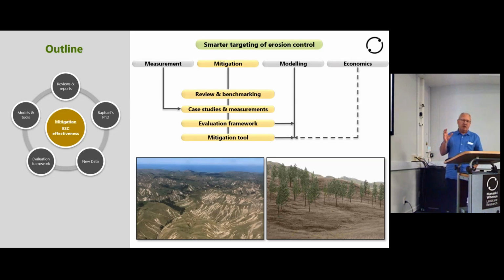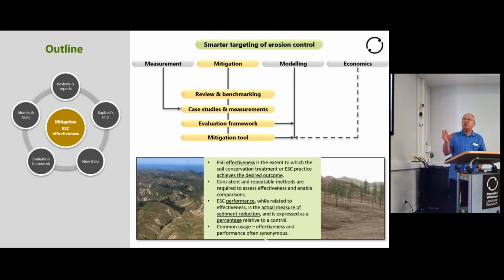I guess from the start, though, it's important we also understand what we mean by the terms effectiveness and performance. So in our work, we've defined erosion and sediment control effectiveness as the extent to which the soil conservation treatment, or ESC practice, achieves that desired outcome. And I guess in determining that effectiveness, we do need consistent and repeatable methods to assess that effectiveness and enable comparisons between different measures.